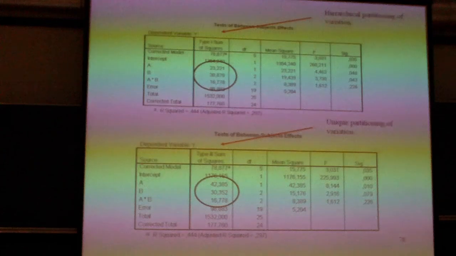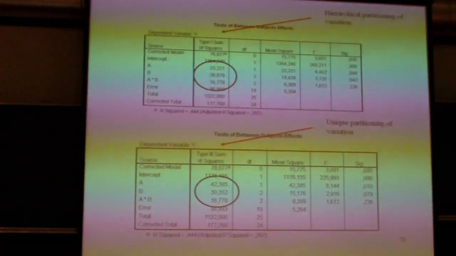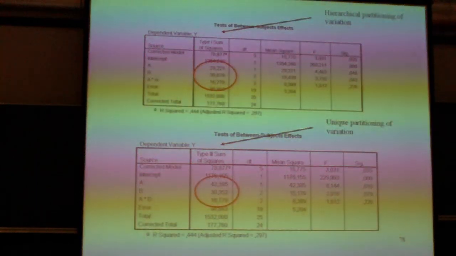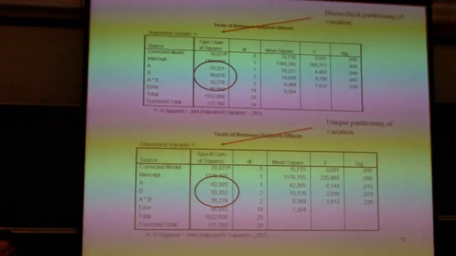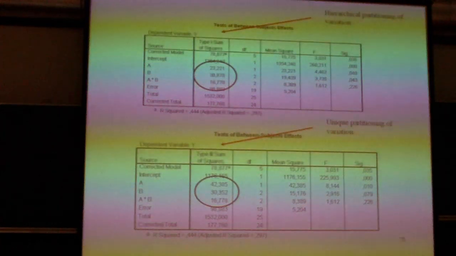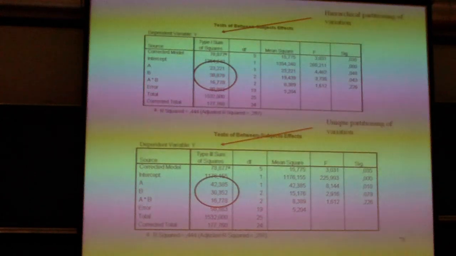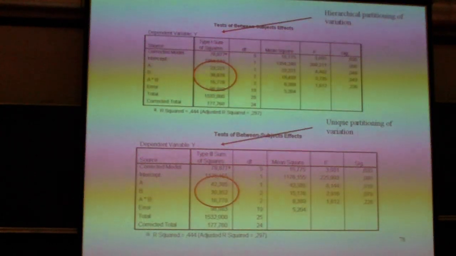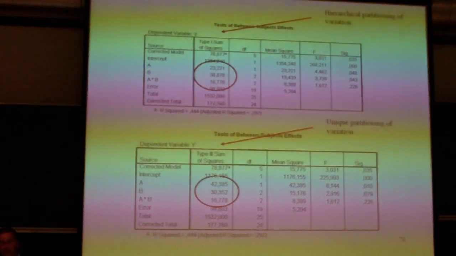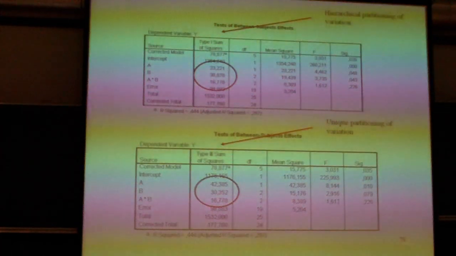Well, as you can see in both tables, the interaction effect is not significant, and if you have a non-orthogonal design where the various effects overlap, it's essential that you start with evaluating the interaction effects, and if they should not be significant, then they should be removed out of the model, and you should redo the analysis with every main effect included.